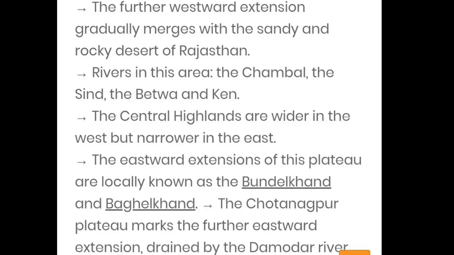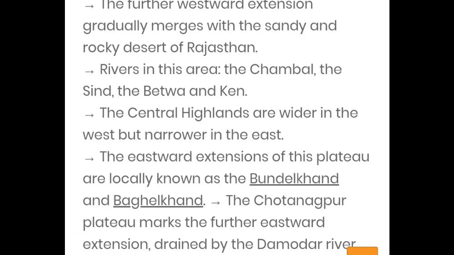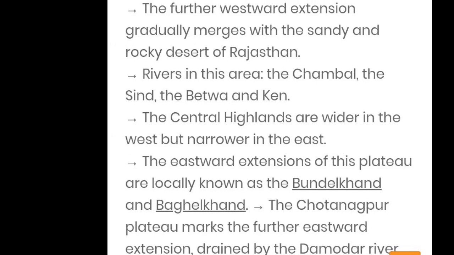They are wide in the west and narrow in the east, and the eastward extension is known as Bundelkhand and Baghelkhand. The Chota Nagpur Plateau is the further extension, drained by the Damodar River.